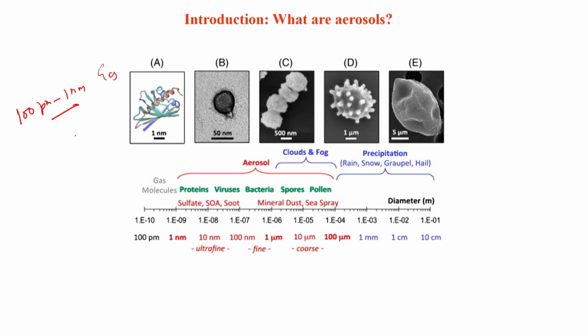If you see the size between 1 nanometer to 1 micrometer, and these red dots, 1 nanometer to 100 micrometer, this is of our great interest, and this is what we call atmospheric aerosols. So, be clear here that when we say atmospheric aerosols, we generally talk about aerosols whose size varies from 1 nanometer to 100 micrometer.